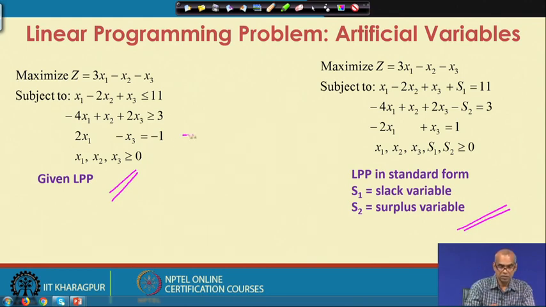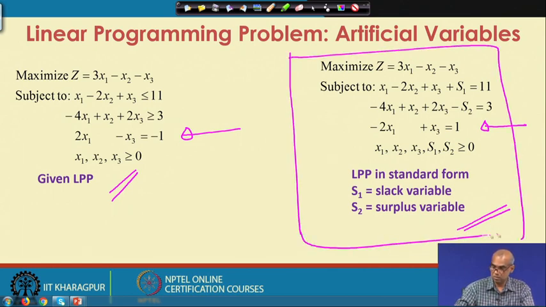Note that the third equation does not need any slack or surplus variable, that is already an equation. But since the right hand side was negative, we have multiplied throughout by -1 to make the right hand side positive. So, this problem now is in standard form, but we do not have a basic feasible solution to start with.